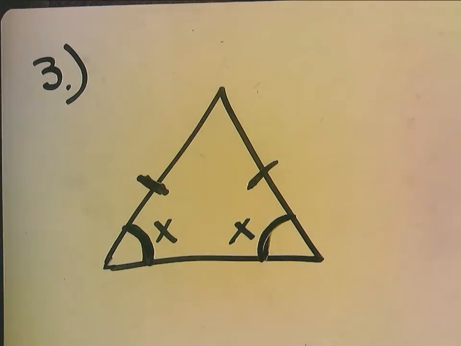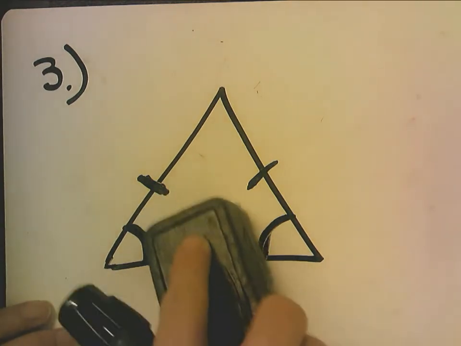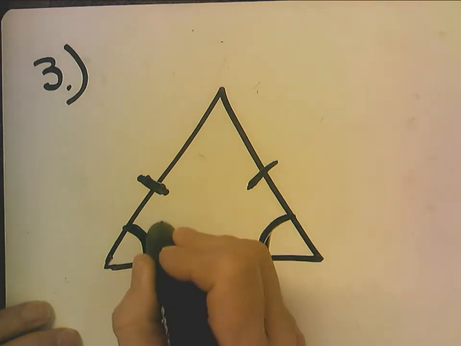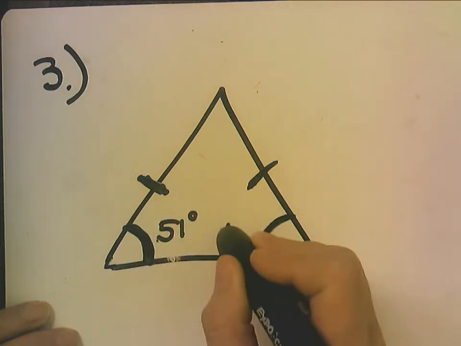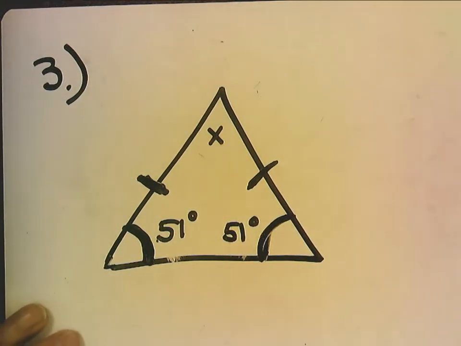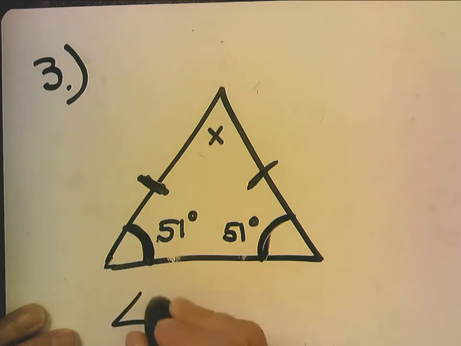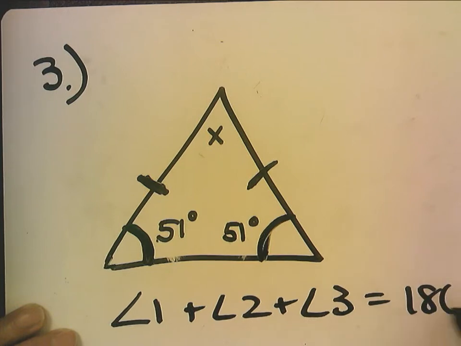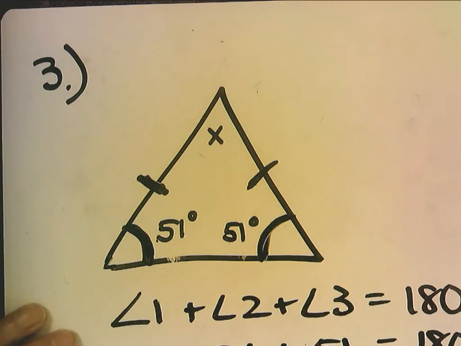Okay? But in this case, it says the unknown is not the 2 congruent angles. It says that one of the congruent angles is 51. Well, if this is 51 degrees, then this is 51 degrees. This is our unknown. Now, we know angle 1 plus angle 2 plus angle 3 equals 180 degrees. In this case, angle 1 is x, angle 2 is 51, angle 3 is 51, and it equals 180 degrees.